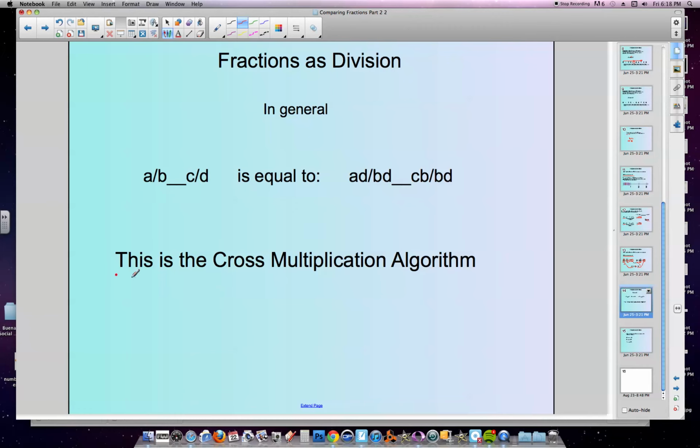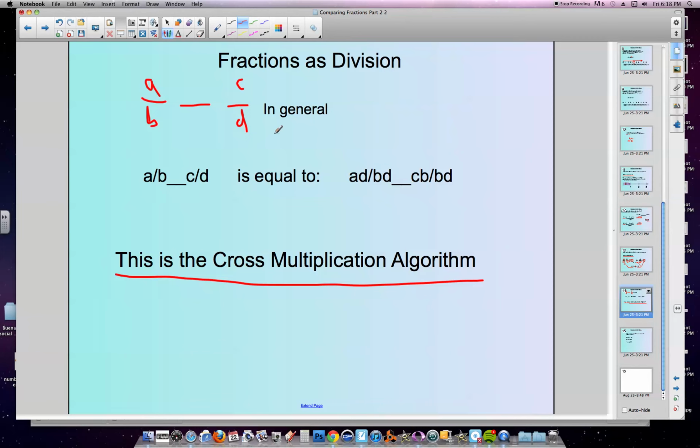So this brings us to an important little algorithm, a cool little trick. If you've got 2 fractions, you've got A over B, and we're trying to compare that to C over D. And since this denominator is different than this denominator, we know it's going to be difficult to compare.